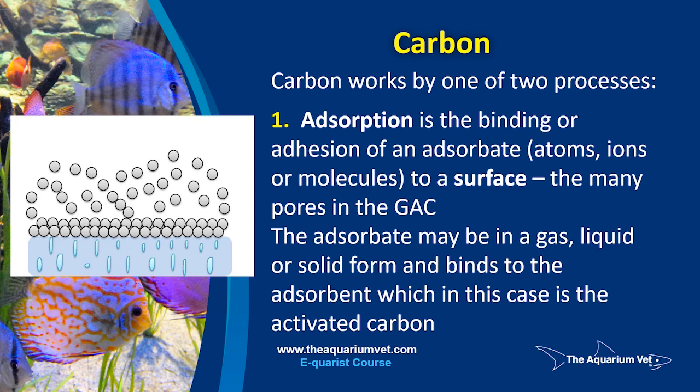It could be also vitamins and amino acids, as we talked about before, and they'll go down into the pores in the granular activated carbon, and then adsorbed onto the surface. And so the adsorbate may be either a gas, liquid, or solid form, and then it binds to the adsorbent, which is our activated carbon.